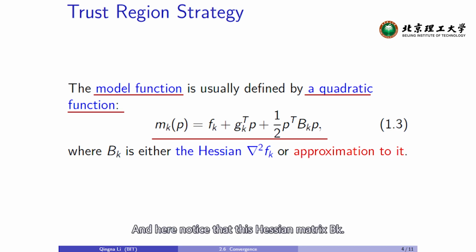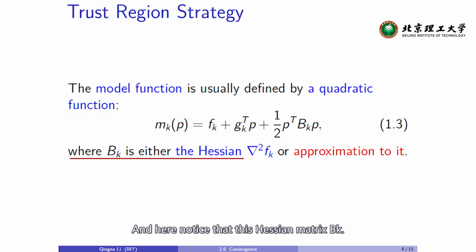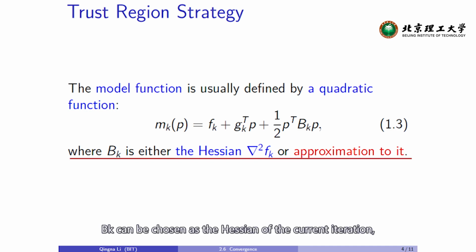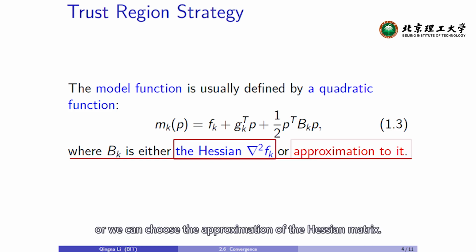Notice that for the Hessian matrix Bk, we can choose it in different ways. For example, Bk can be chosen as the Hessian at the current iteration, or we can choose an approximation of the Hessian matrix.